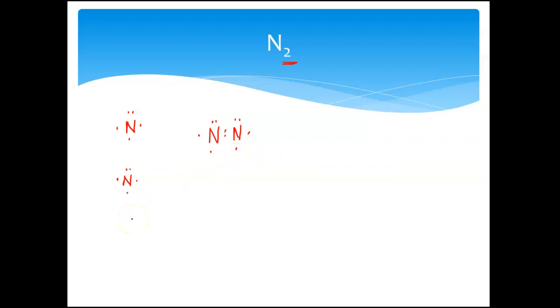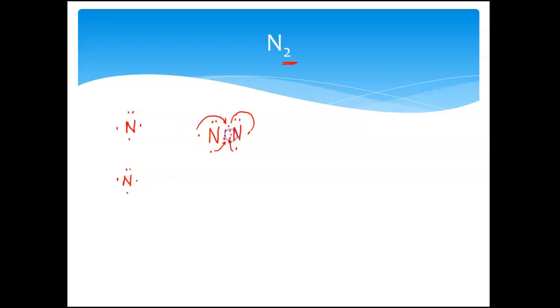So now I start considering if I were to have these nitrogens share yet even more electrons, would that work? And so what I'm going to do is I'm going to move this one down here and this one down here. I'm going to move that one over here and this one over here.